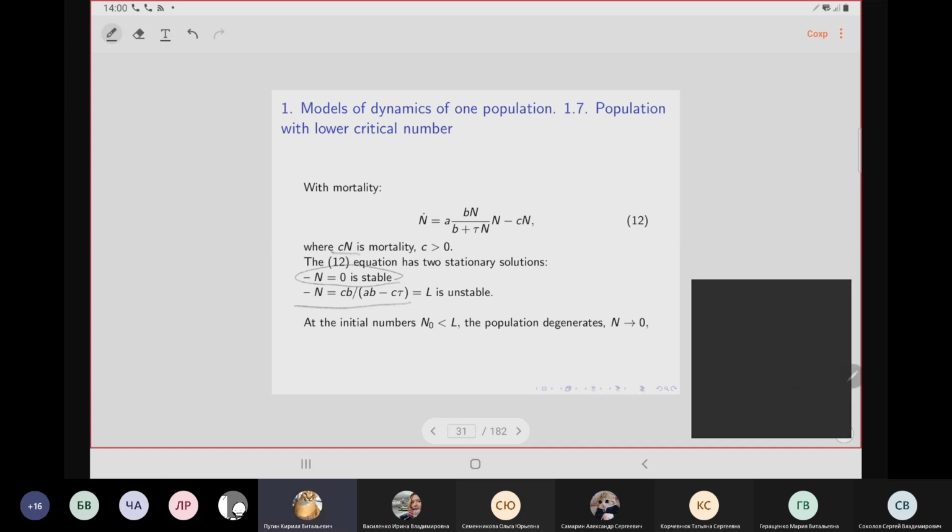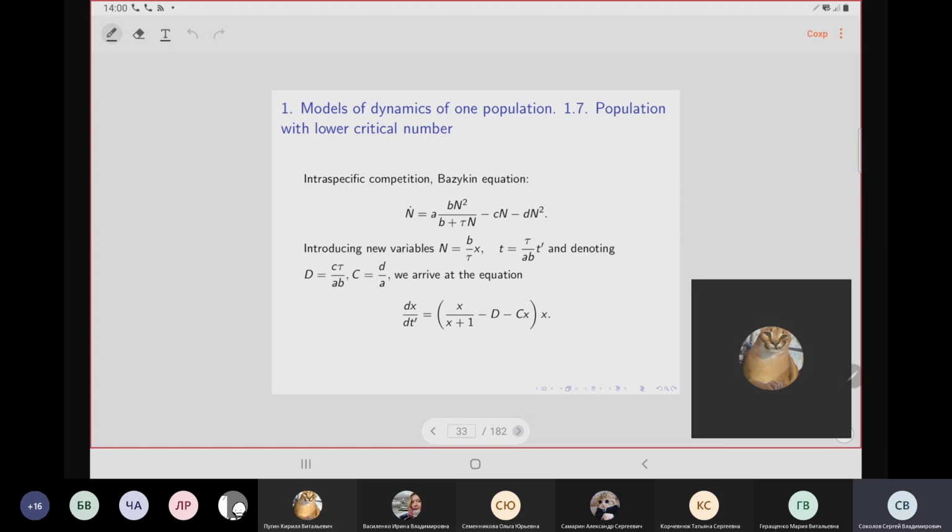To modify negative Cn to negative Cn squared, probably, or something. Yes, okay, it works, but we can do better. We can add one more summand with n squared. That's right. Let us consider the equation in this form.